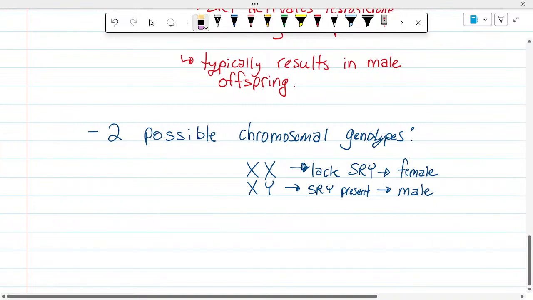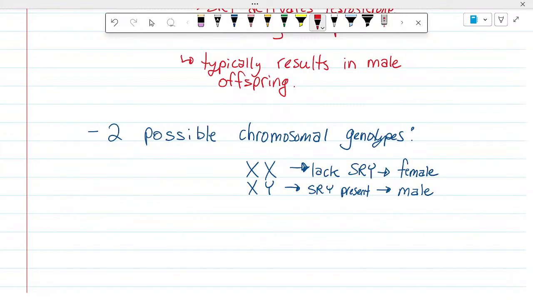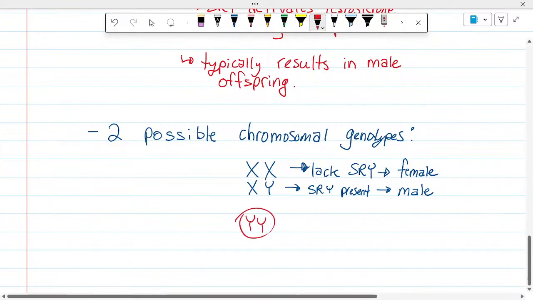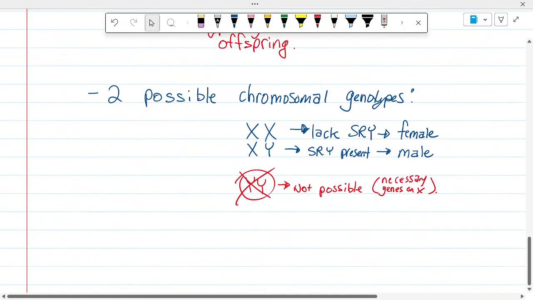The X chromosome contains necessary information, so YY isn't possible because they'd be missing genes, right? There are no necessary genes for life on Y, but there are necessary genes for life on X.